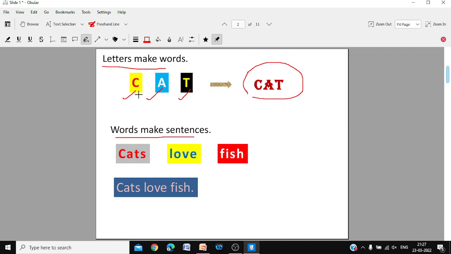Just as when you take letters, you get a word, if you take words, then you'll get a sentence. I've taken the word cats, the word love, the word fish, and I got the sentence, cats love fish. So letters join to become words, and words join to become sentences.